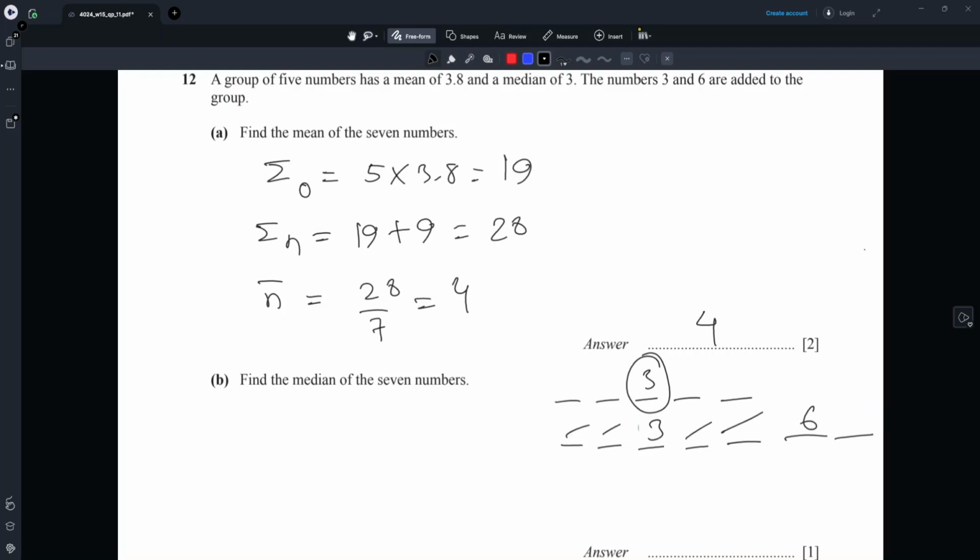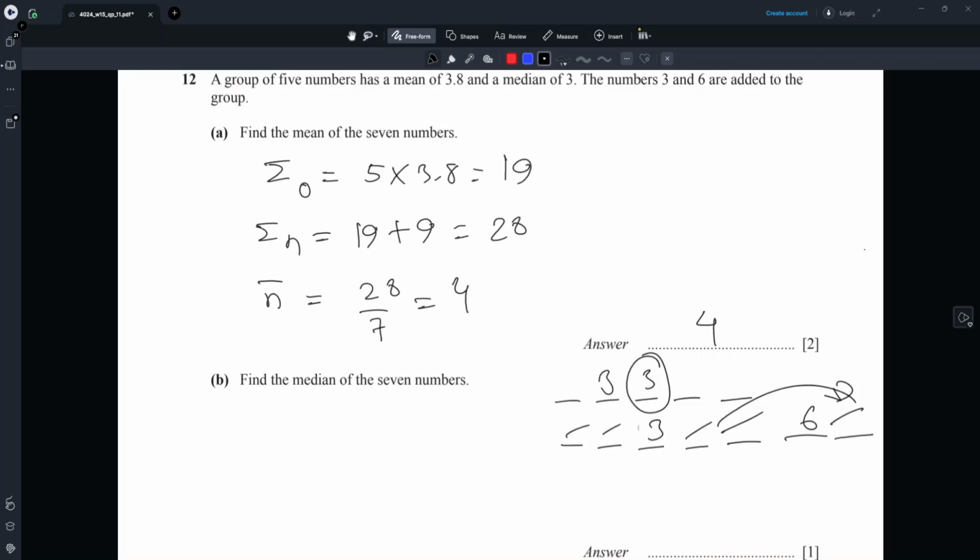I cannot, because anything greater than 3, eventually we would have to put a 3 somewhere, so this greater-than number can be shifted over here. So eventually we would have to put a 3 somewhere between these two positions, so we end up still having 3 at the middle, where we have some numbers less than or exactly 3, and some numbers greater than or exactly 3.